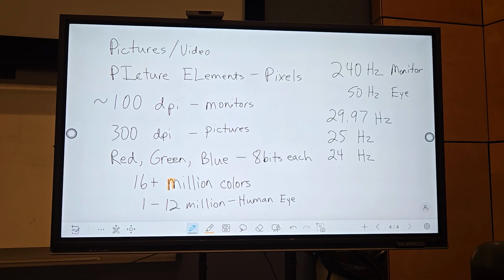But there was a screw up in the timing, and it ended up being 29.97 frames per second. So if your video camera is recording at 30 frames per second, and then you play it back on a VCR or a video player that is expecting 29.97 frames per second, your audio will drift. So the audio won't match up. After a while, the audio will not match the video.